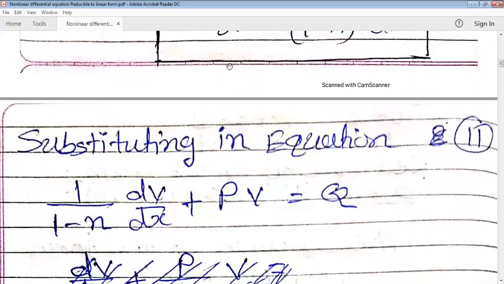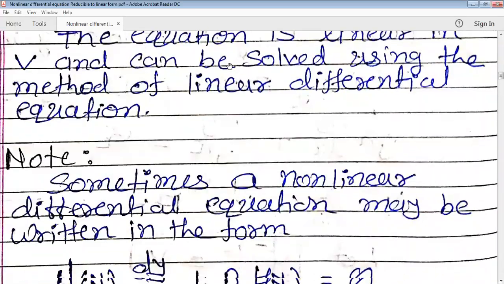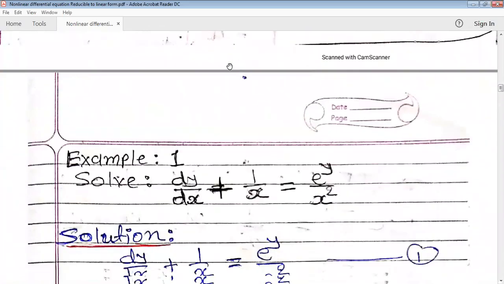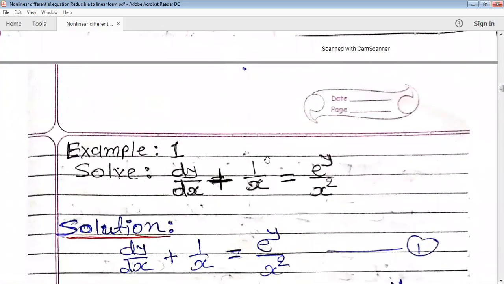Students, have you recognized that your given differential equation is non-linear? Here dy by dx plus 1 by x, and your right hand side is a function of x into a function of y. That's why your given differential equation is non-linear. In the last lecture, you had only a function of x on the right hand side.